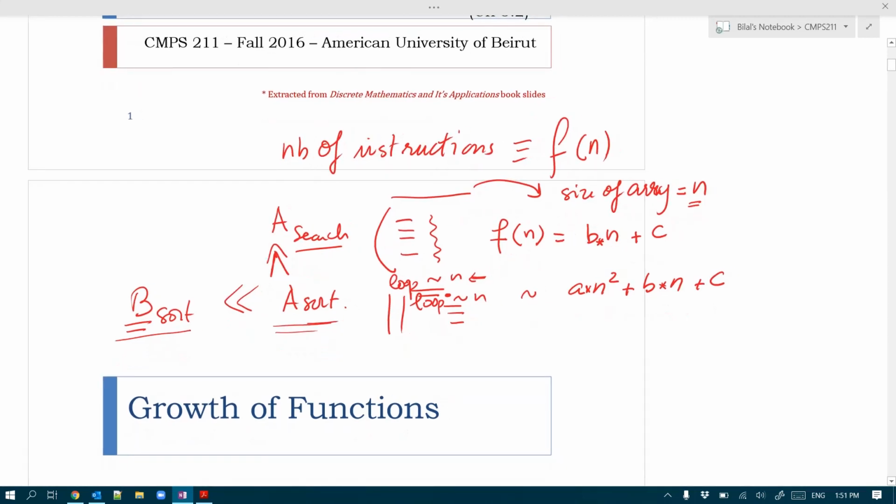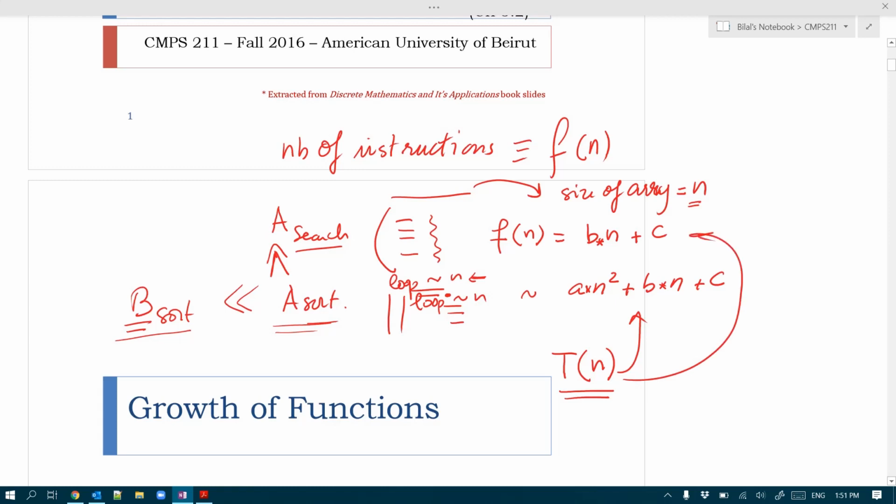So why do we do this? Because we do not want to count on the exact running time in terms of milliseconds, seconds, or whatever, because this varies from one machine to the other. So we don't want to compare the runtime, especially that even the runtime depends on the input size. So it should be a function of the input size.